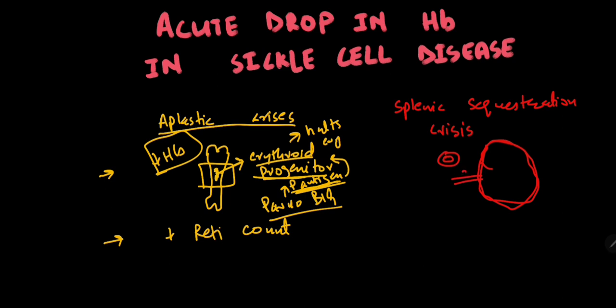But the sickle cells, during a sickle attack, are really big, so they cannot fit in those tight vessels. They cannot bend to go through that. So a lot of the red cells would accumulate in the spleen.